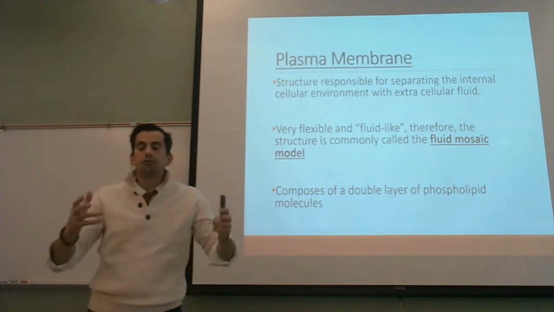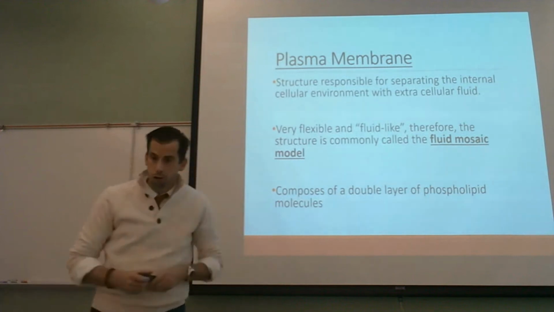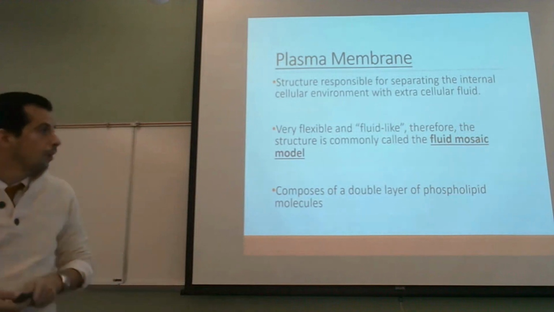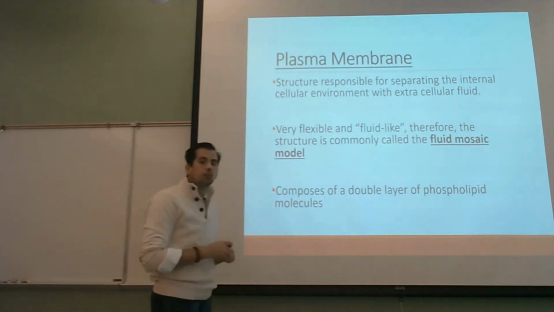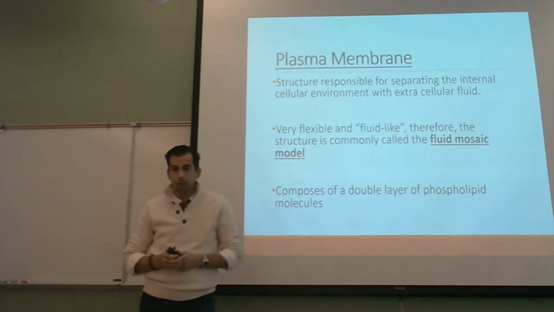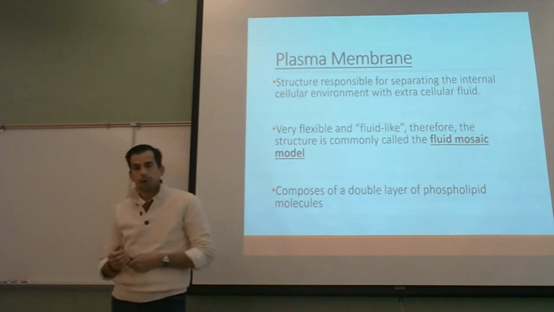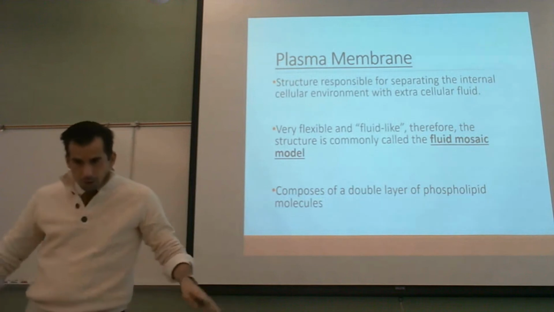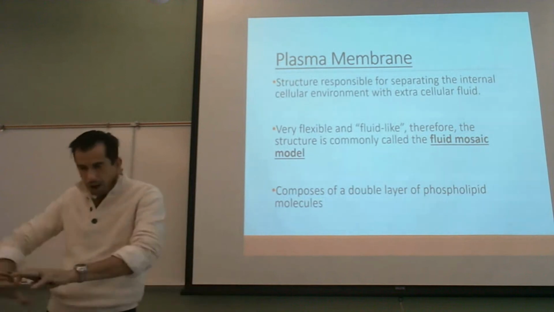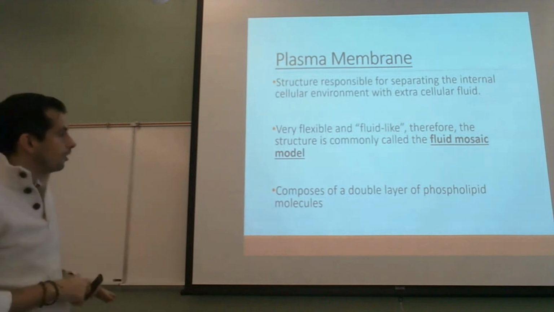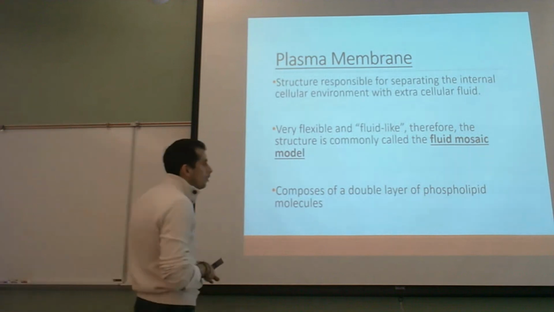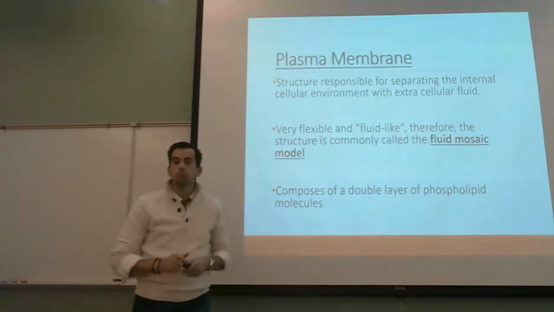So that creates a very flexible structure, a very fluid structure. Mosaic, because we do see different things on the surface of that cell embedded into the membrane. A mosaic tile countertop is going to have a bunch of different tiles linked together. So when we look at the surface of that cell, we see a lot of different items.